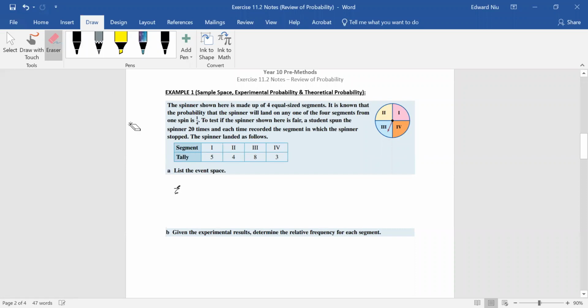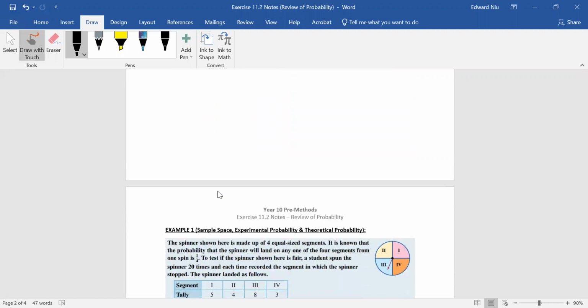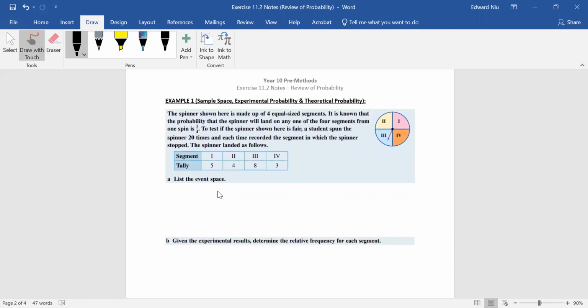You might have seen it this way, or you might have seen it as omega, or you might have seen it as just an S. So maybe we'll just use an S to avoid confusion. All right, it doesn't really matter which one you use. Okay, they all mean the same. So event space here, sample space, means the same thing.